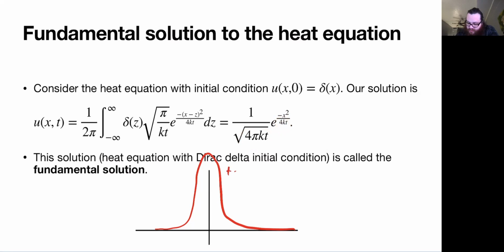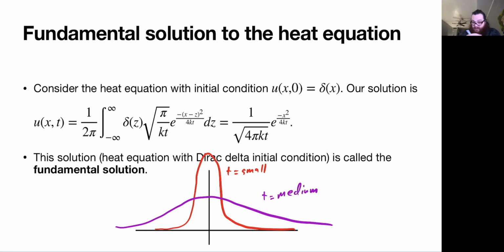So maybe this might be t small. And then let time go on for a bit. We're going to get something like this. So this might be t medium. And then let time go on even more. You're probably going to see something like this.